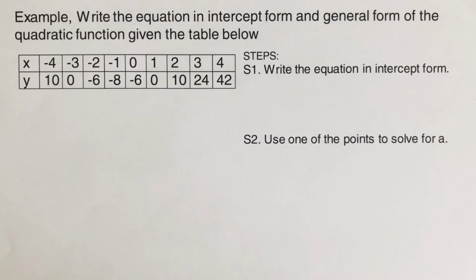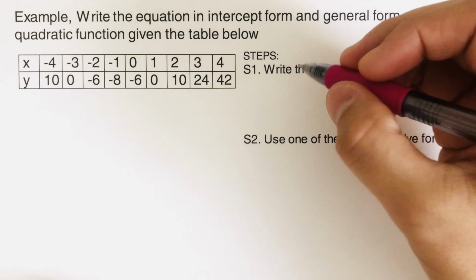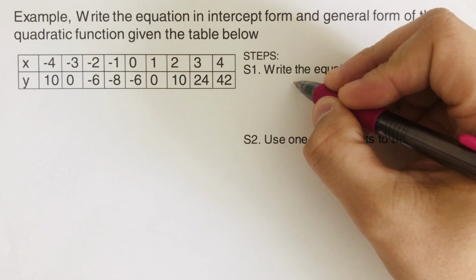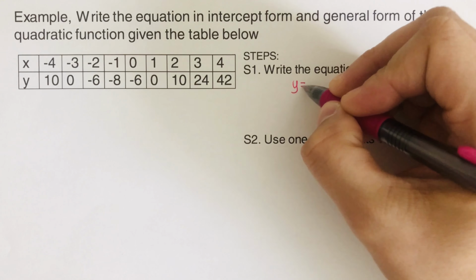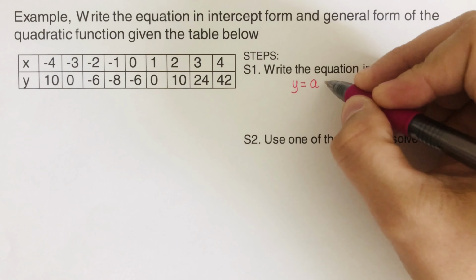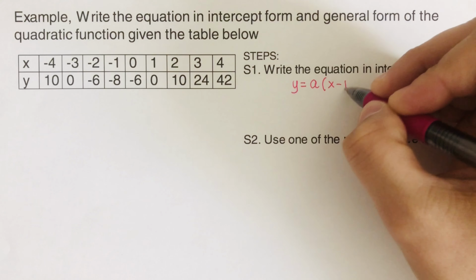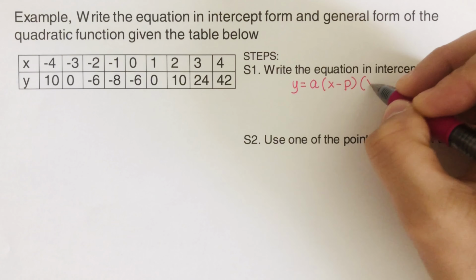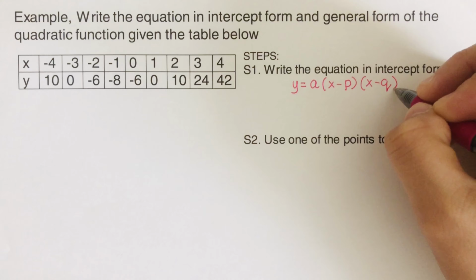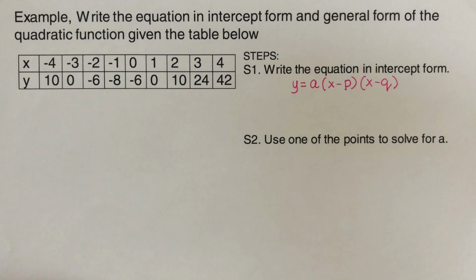So these are the steps. The first step is to write the equation in intercept form. So I'm going to write y equals a(x minus p)(x minus q). Now how do we determine what p and q are?